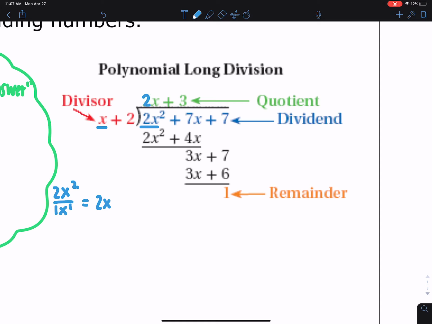So that tells us what we multiply by. So 2x goes up top, and then we have to distribute that 2x through our divisor. So when we distribute, we would get 2x squared plus 4x, which you can see is here.